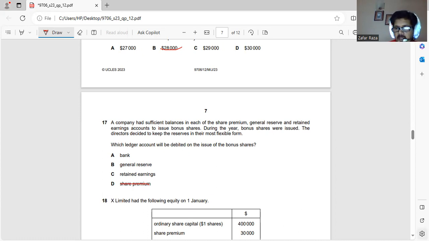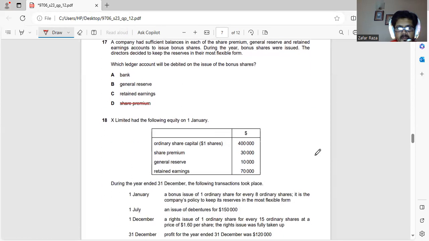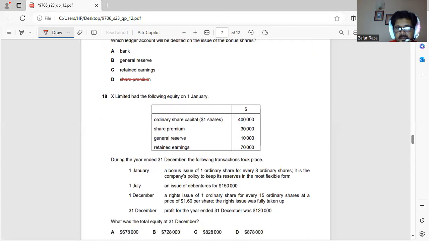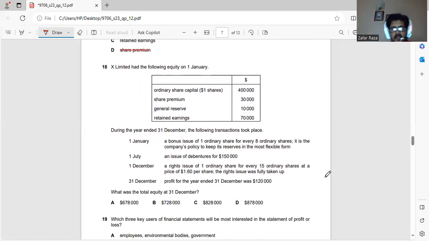Now come to 18. We have to be very careful. A very lengthy question. X Limited had the following equity on 1st January. Ordinary share capital 400,000, ordinary shares of $1 each.